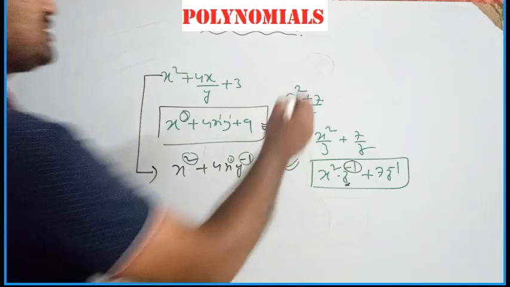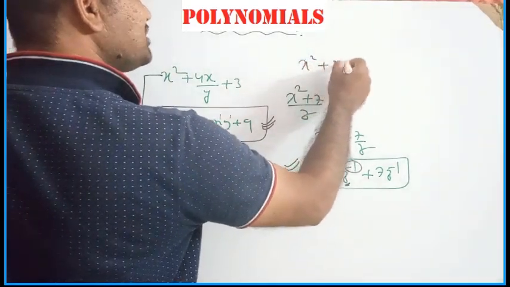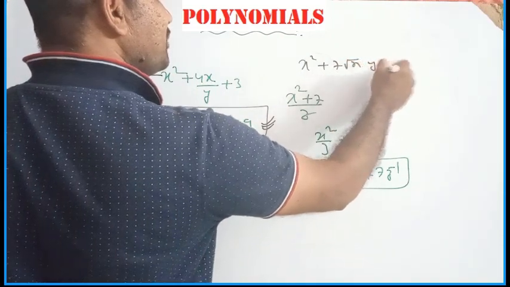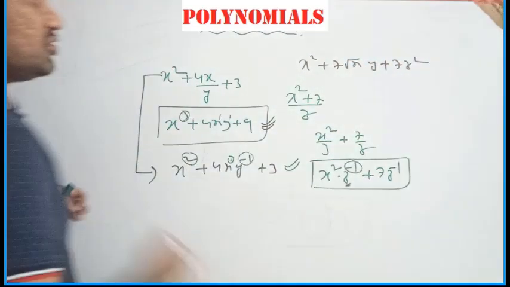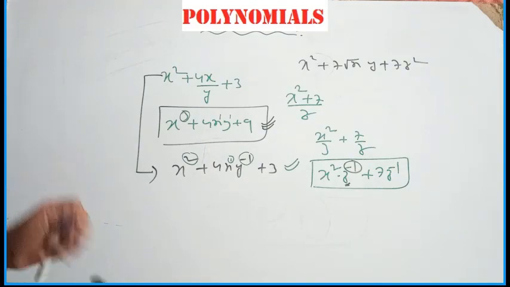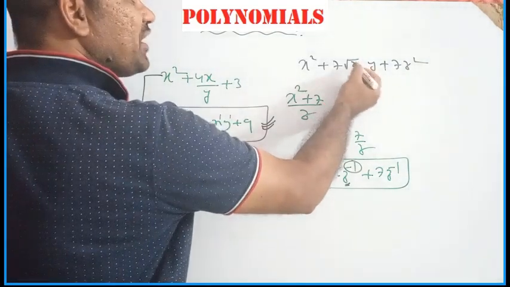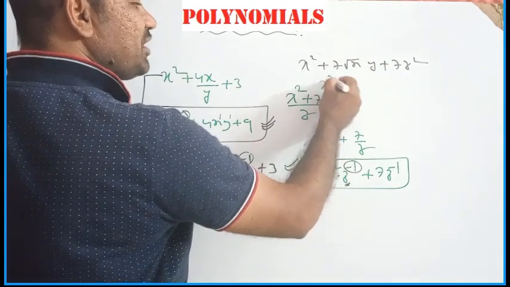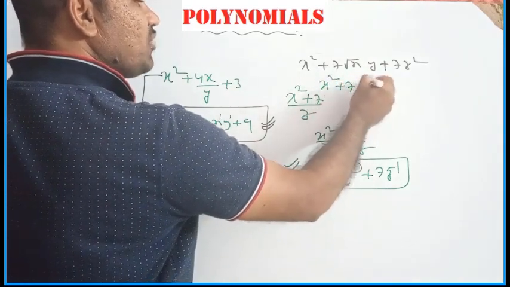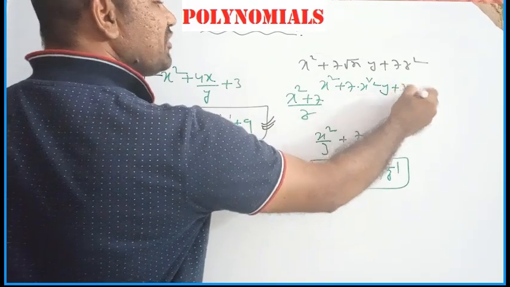Okay. For example, see x square plus 7 root xy plus 7 z square is given. So this is also not a polynomial. This is said to be only an algebraic expression because the power of x is 1 by 2. Actually this can be written as x square plus 7 into x power 1 by 2 into y plus 7 z square.